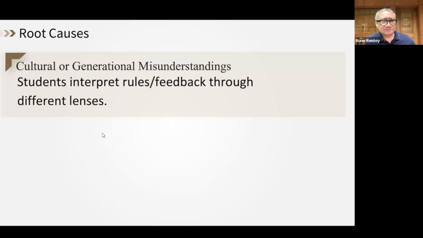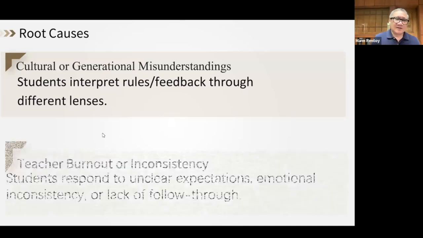Here's another one: cultural or generational misunderstandings. Students may actually misinterpret rules or feedback. They may see rules or feedback in another way. That is when misunderstanding happens, and disrespect may start coming from there.